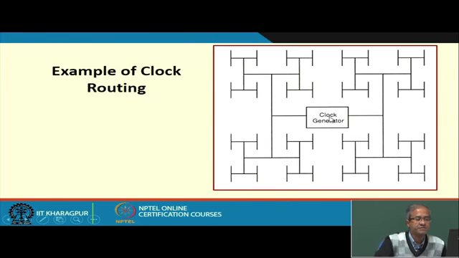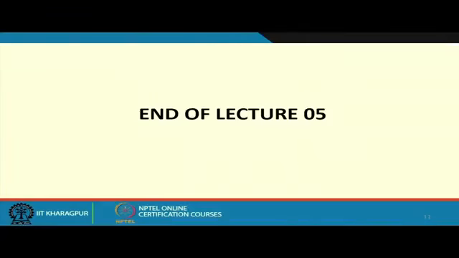If you measure from the clock generator up to each of the terminal points, the length of the interconnection is the same, which means the delay of the clock will be identical up to each of these points. But the trouble with this method is that in typical layouts, you do not have the clock locations so regularly placed; they will be haphazard and random often. You often do not get the opportunity to lay out this H type layout very neatly. You can have a layout where there are a lot of haphazard things.